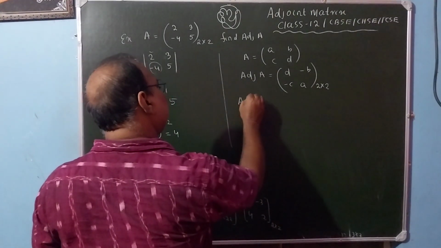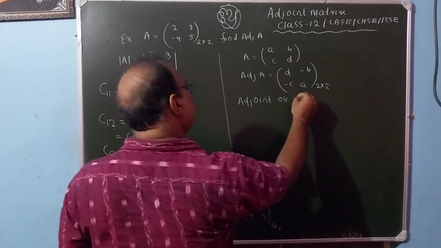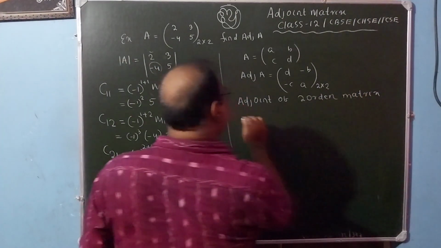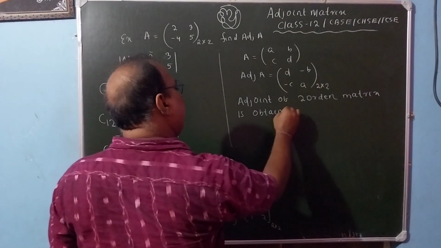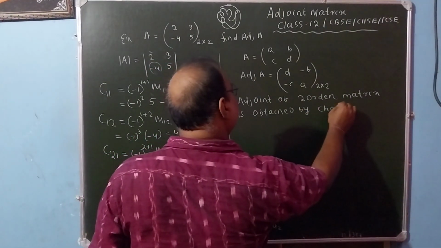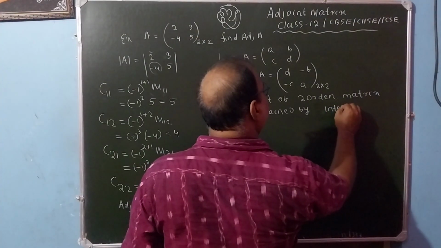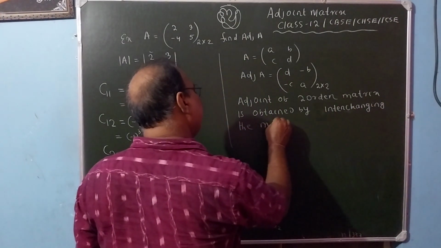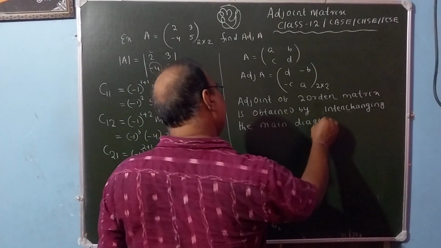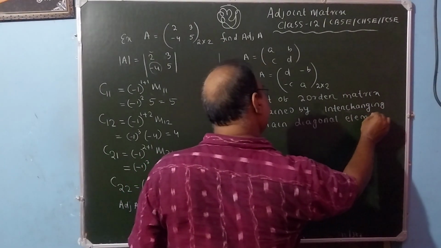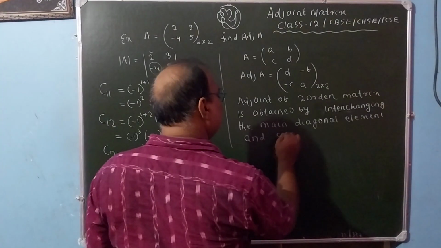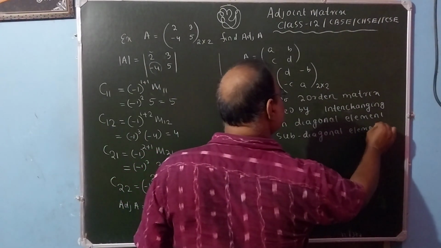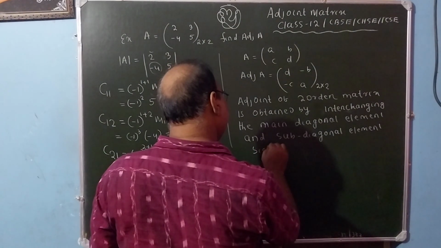Write out: adjoint of second order matrix is obtained by interchanging the main diagonal element, and subdiagonal element sign will be reversed.